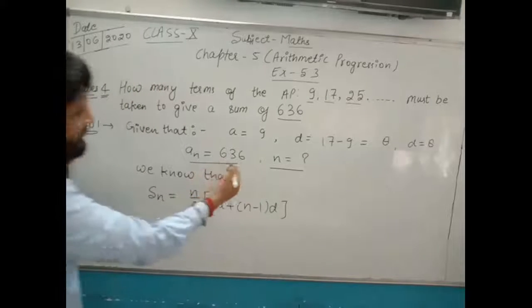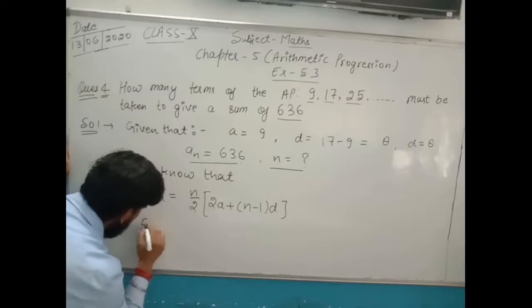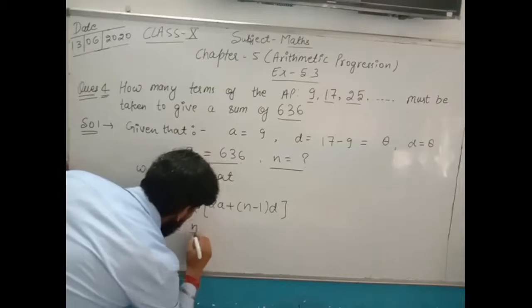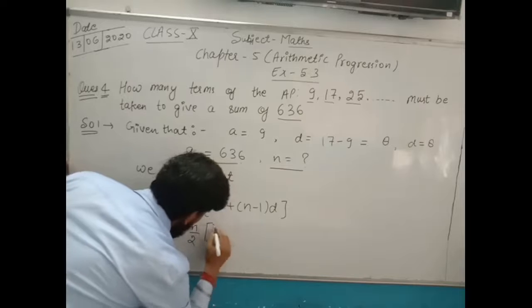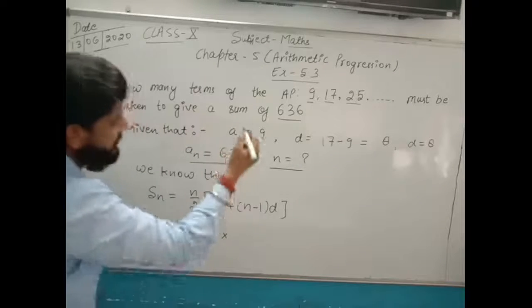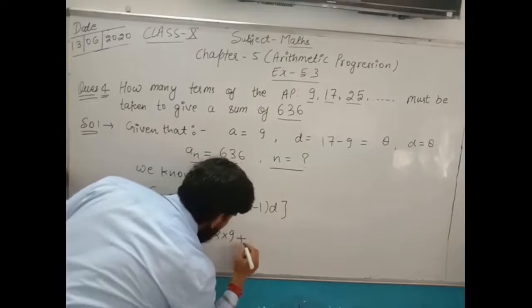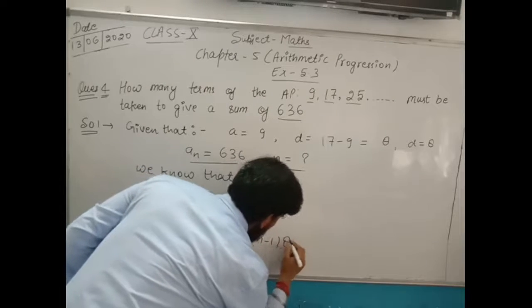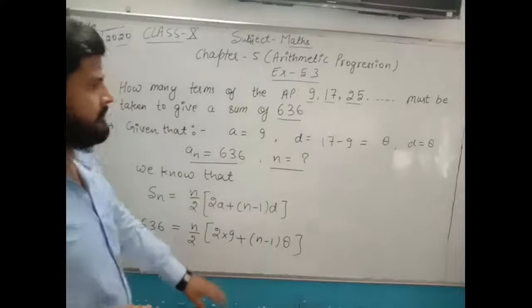Now put the values here. Sn is 636, so 636 is equal to n upon 2 multiplied by (2 times 9, since a is 9, plus (n minus 1) and d is equal to 8).